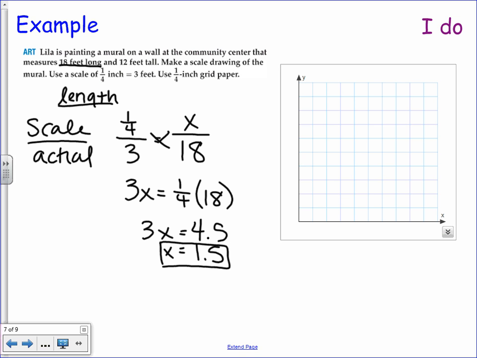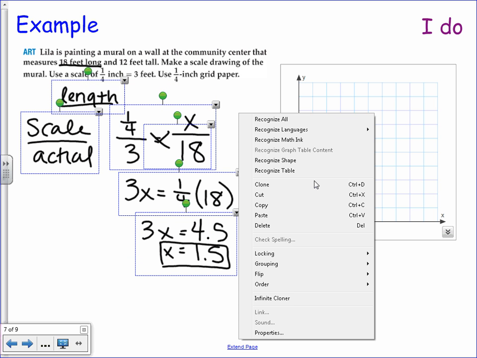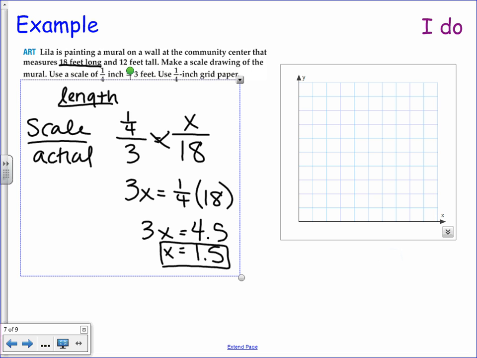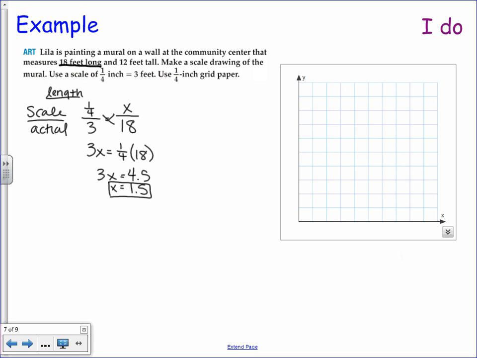Now I'm going to look at my width. Let's make this a little smaller. Okay, so now let's look at width. We've got scale over actual.